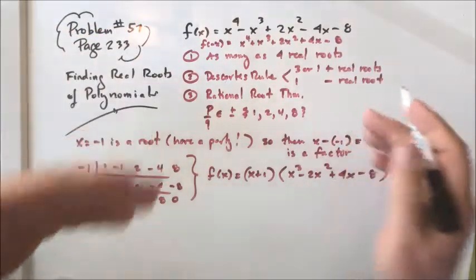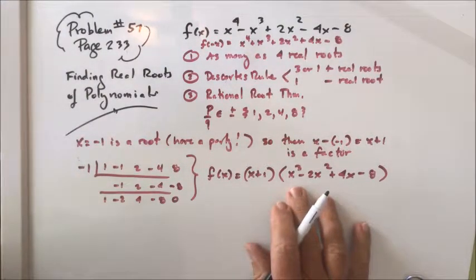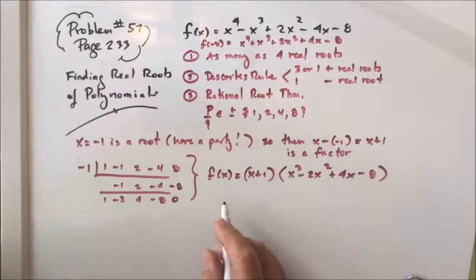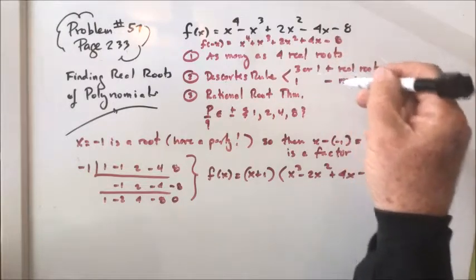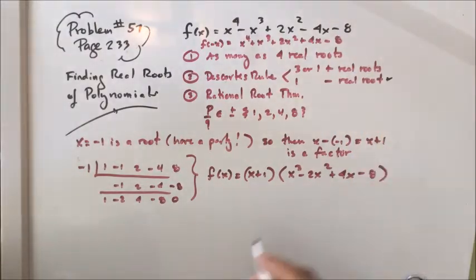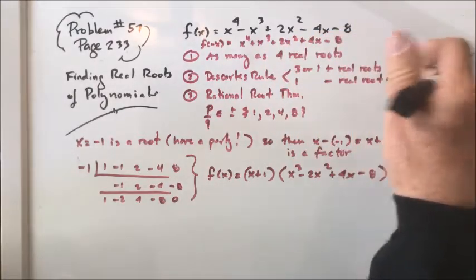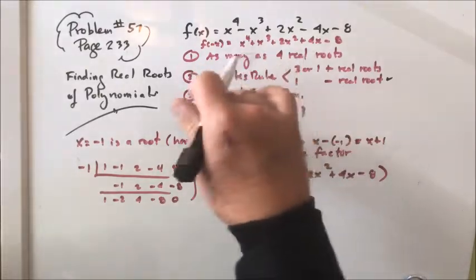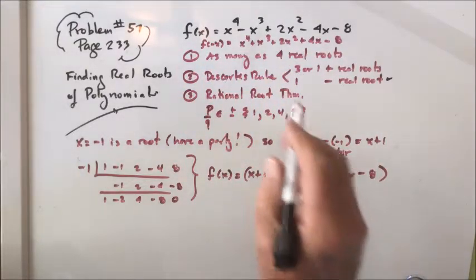And I'll shortcut it here. I'll just say we're looking for as many as 3 real roots. I'm not going to run through Descartes' rule. I will remind you, though, that we are looking for 1 negative real root. It looks like we've done it. And so we're still looking for 3 or 1 positive real roots. So when we get to the rational root theorem, we're just going to look at the positive numbers.